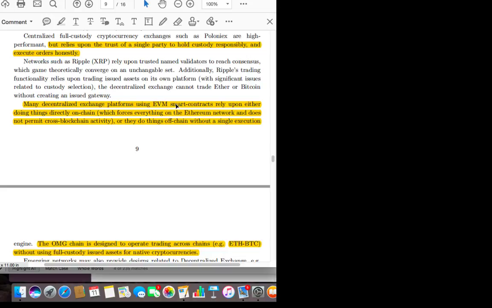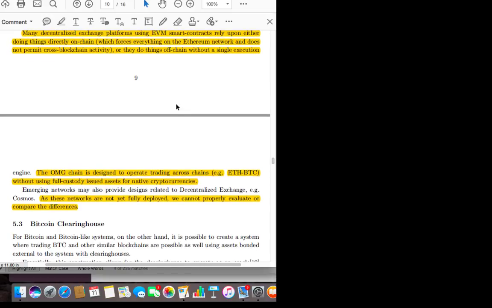Every time you do a transaction on, let's say, EtherDelta, those fees start to add up, and if you have several of these transactions, it starts to not pencil out so well as an alternative to what we have today. That's how I interpret that.